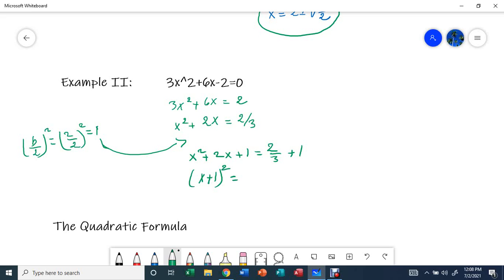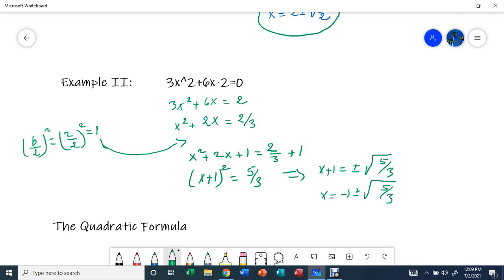So 2 plus 3 is 5/3. And use the square root property. So x plus 1 equals plus or minus square root of 5/3. Subtract 1 from both sides, and voila, x equals -1 plus or minus square root of 5/3. And that's your solution.